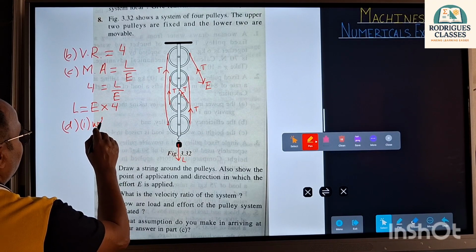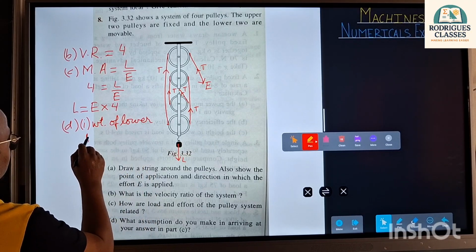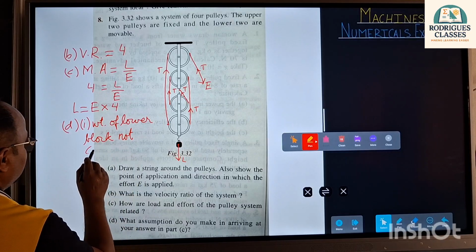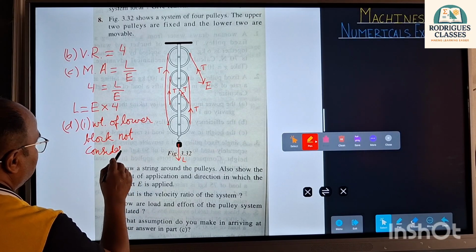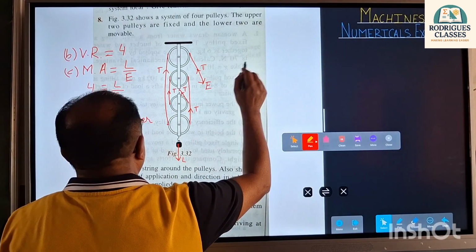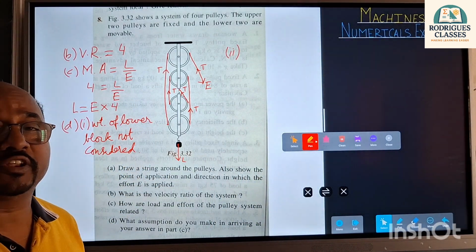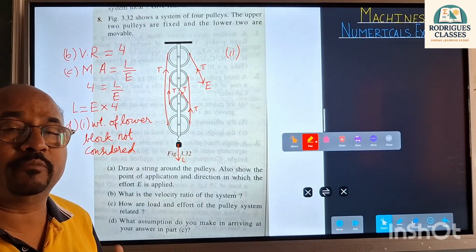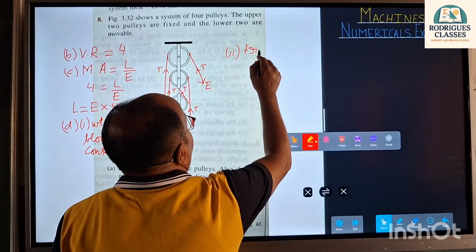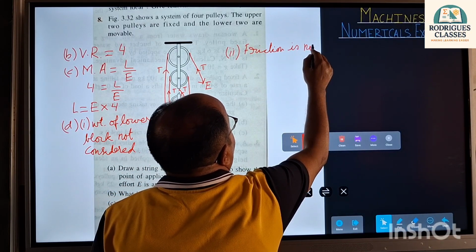Weight of lower block not considered. Second, I will say we did not take into consideration the friction. Friction will always be there, but we have not taken it. So friction is not considered.